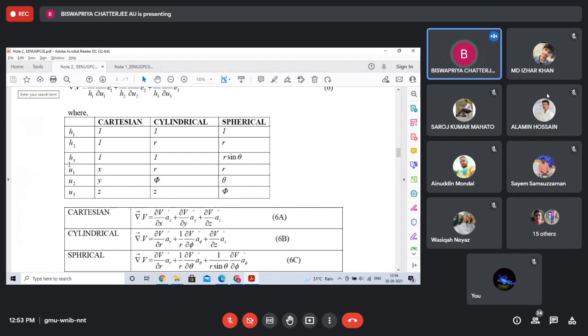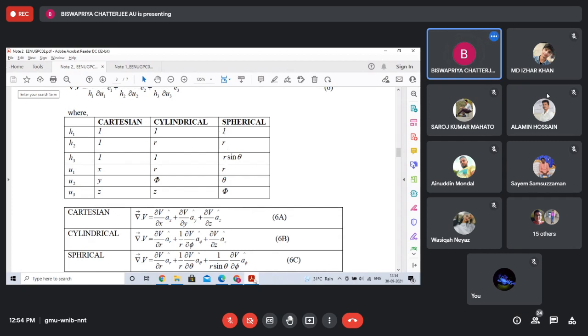where you can see, this H1, H2, H3 I have termed as 111 for the Cartesian system. For the cylindrical system it is 1, r, 1, and for the spherical system it is 1, r, sine theta.